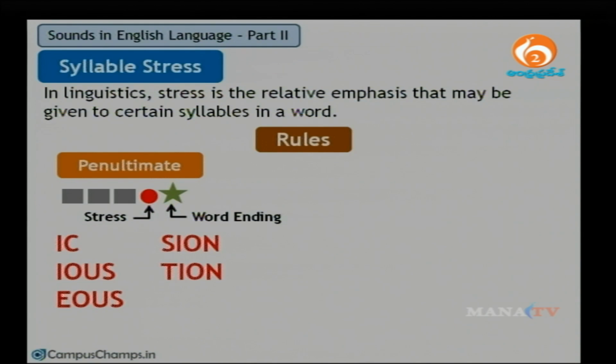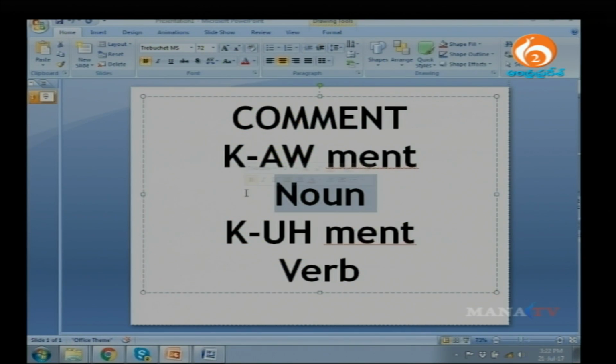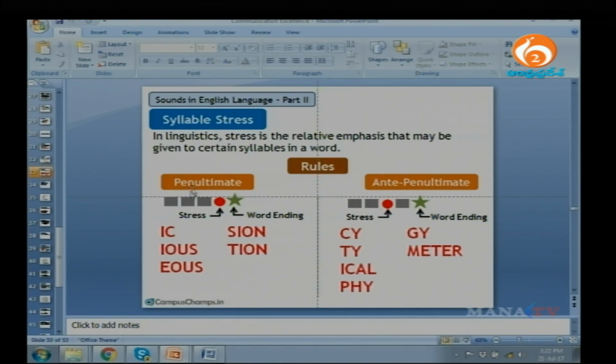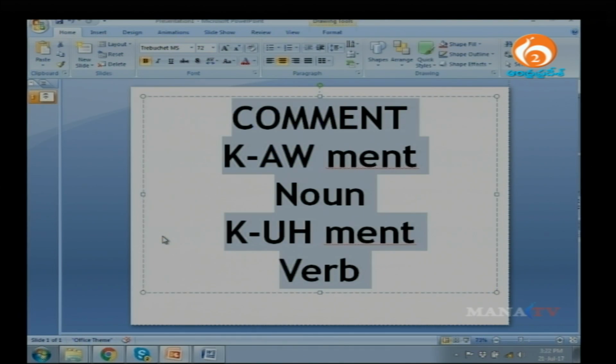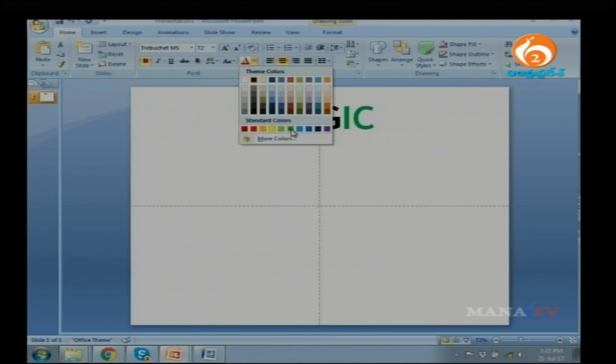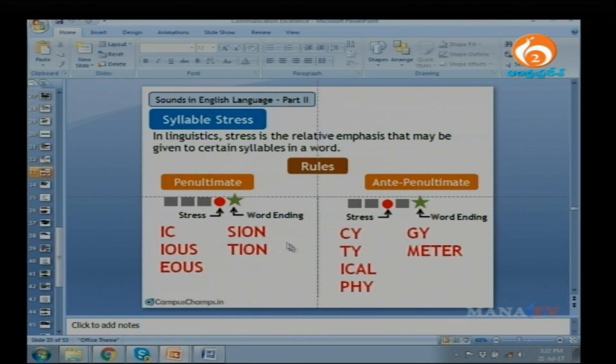All right. Now what I mean is, let's pick the example of the first one, IC. In case I have a word that ends with IC, IC is my word ending. I am marking this green to denote the ending, the star.